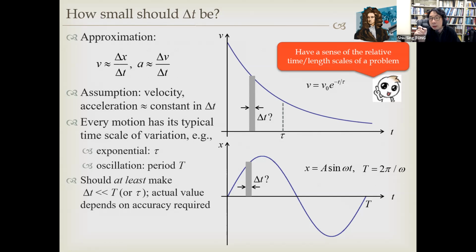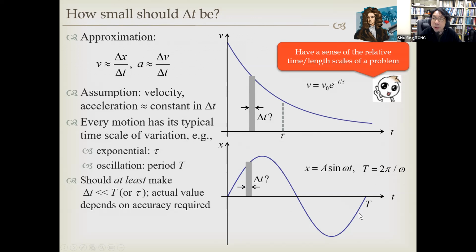If I want the acceleration or the velocity to change very little, then I have to choose a delta t that is much smaller than tau, right? So in this case, the exponential time constant, the timescale tau, is the timescale that I must refer to. And in doing numerical calculation, I should choose a delta t much smaller than tau.